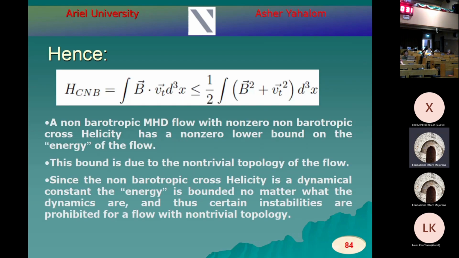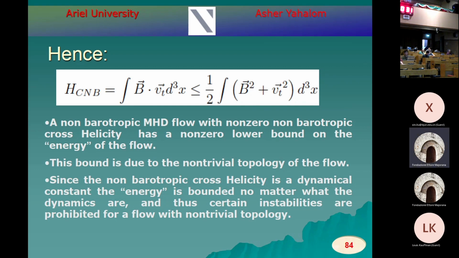So this inequality, if you take the integral, shows you that really energy, or a type of energy, is bounded from below, and it cannot go, given a certain complexity of the flow, below a certain amount.